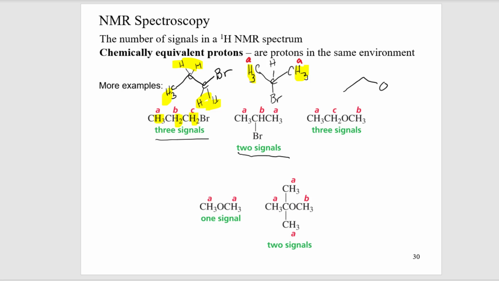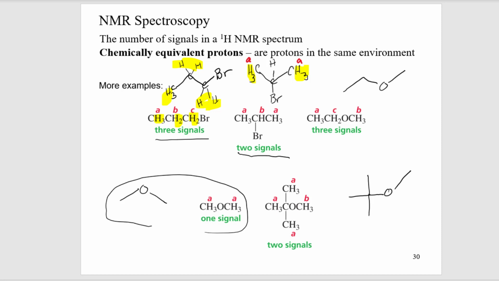Have a look at these molecules and understand why you would only see one signal for this ether, because the two methyls on either side are symmetrically equivalent.